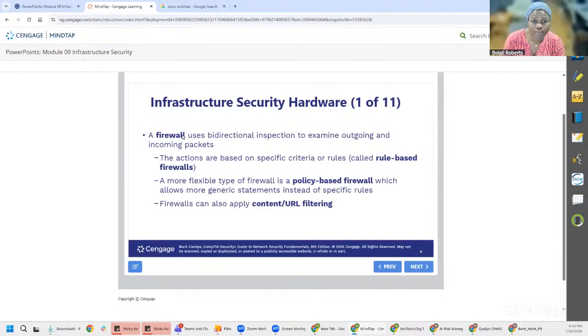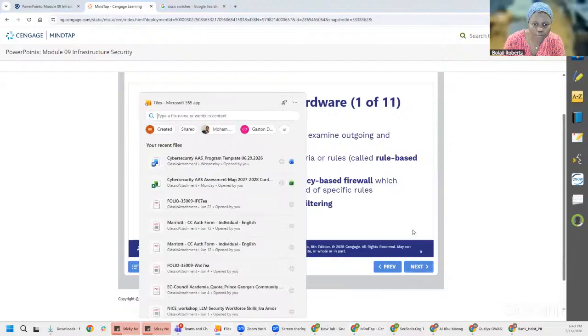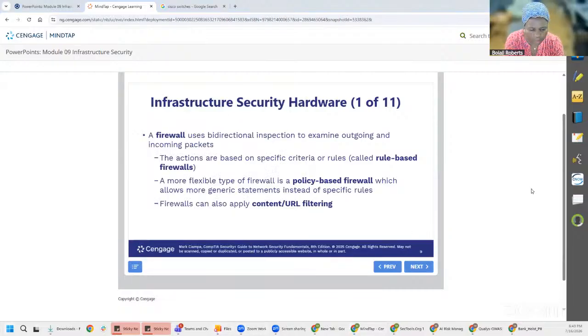But when it comes to infrastructure, let me pull up the screenshots that we had yesterday. I hope it's still there.